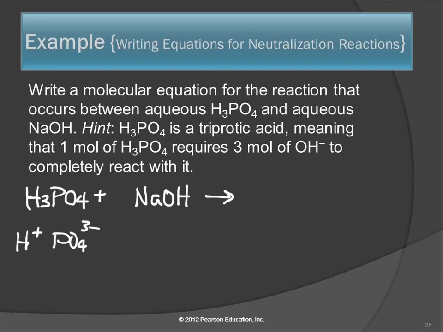Hydrogen ion always H+, phosphate PO4 3-. What are the two ions in sodium hydroxide? Sodium with what charge? +1. And hydroxide, right? -1. We need this periodic table done, don't we? Can't do chemistry without a periodic table.